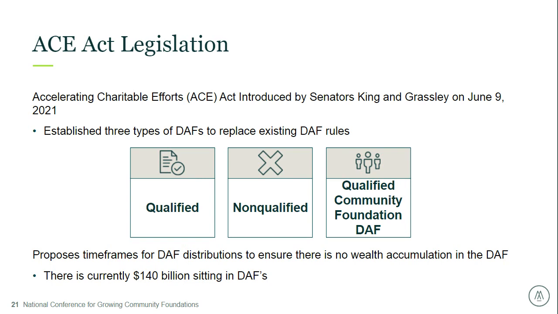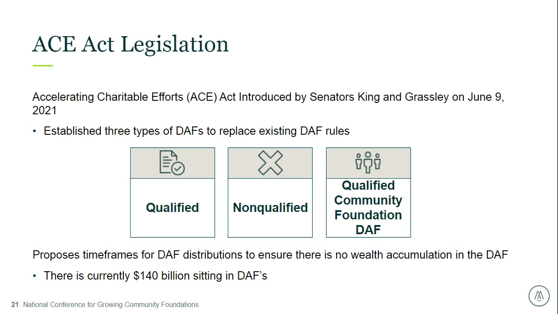As we've gone through probably the last 30 or 40 years, the legislators have seen the need to put more regulation around donor-advised funds. Really what they're trying to do, it appears, is make sure that there's no wealth accumulation in a donor-advised fund.